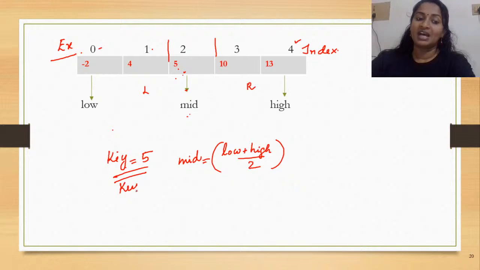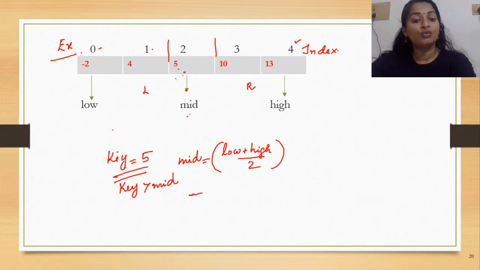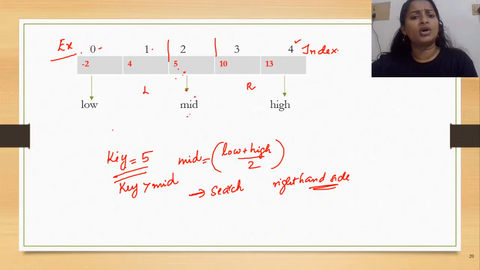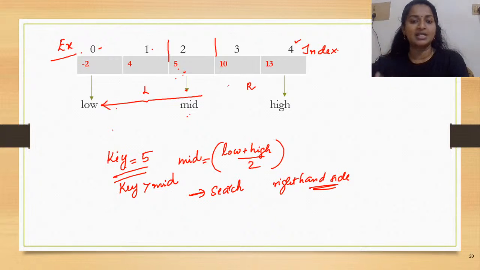What if the key value is greater than mid? Then you need to focus your search on the right hand side, right? If you find that the element is greater than the element in the middle position, definitely you needn't bother about all this portion and you focus your search on the sliced list, that is from position 3 to 4.